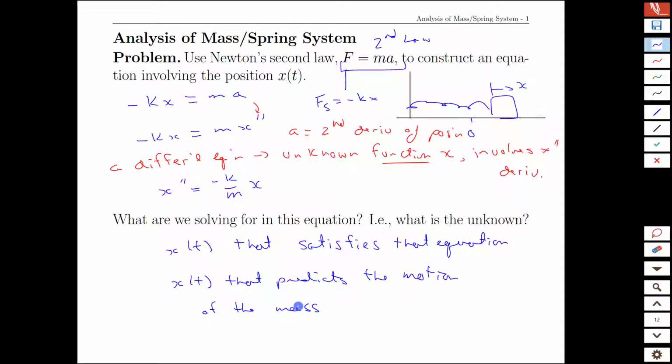So what's going to happen to this mass when we let it go, subject to Newton's laws? Before Newton's laws, we would have no tools to do this. But now we do have F equals ma, and that's going to lock down the kinds of motion and the kinds of behaviors we will see from this kind of system.